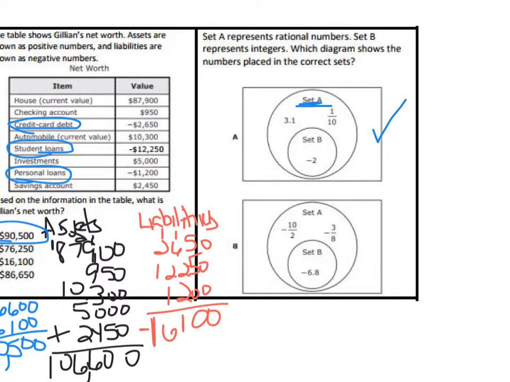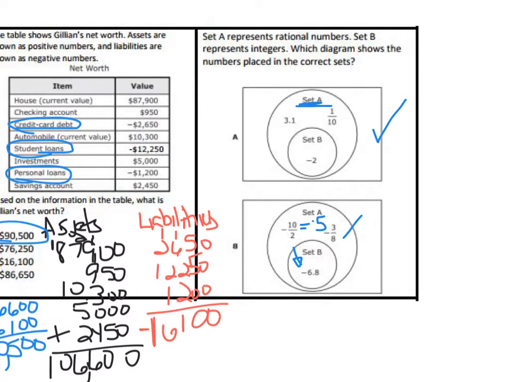Let's look at the next one. In set A, is -10/2 a rational number? Wait, no. No, it's what? Doesn't that equal -5? So because it's a -5, that should be in here. Okay, how about -3/8? Is that a rational number?